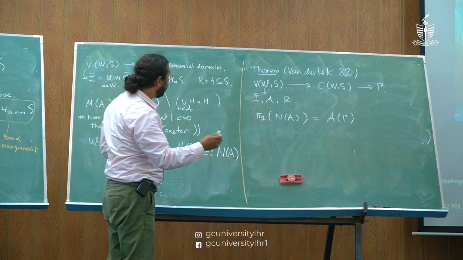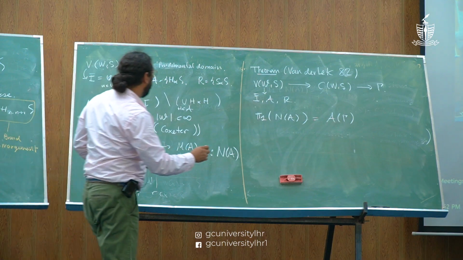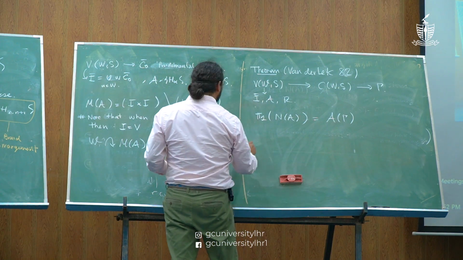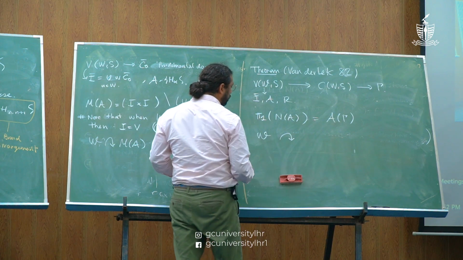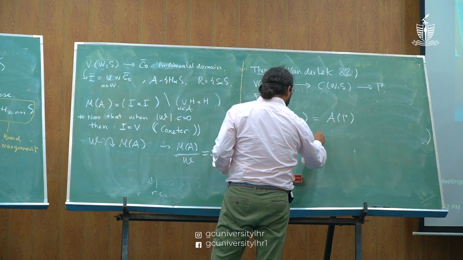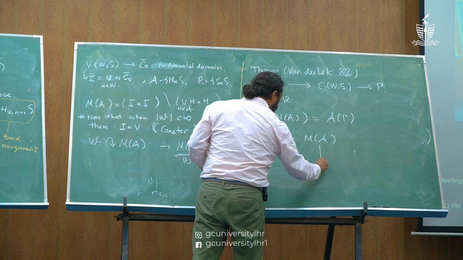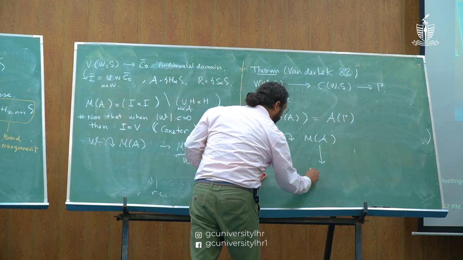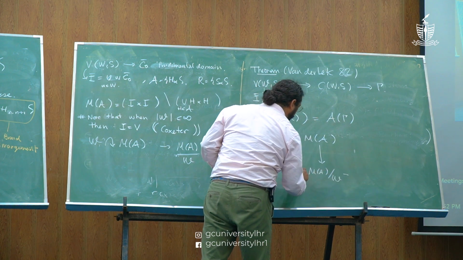And furthermore, our group is acting properly and discontinuously on this covering space, on MA, and this has a quotient MA over W, that is NA, no?